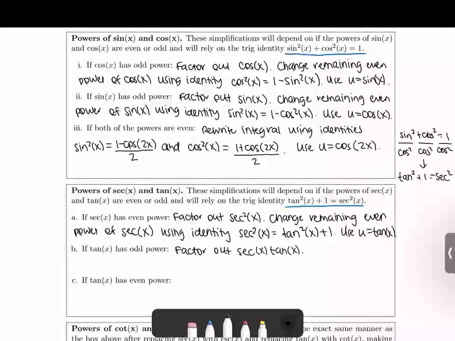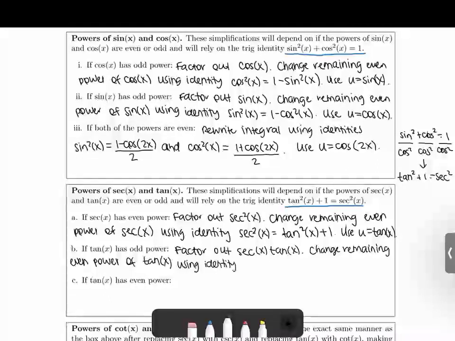And we're going to be left with none, 2 tangents, or 4 tangents, or so on. So we are going to change the remaining even power of tangent using that same identity as before.